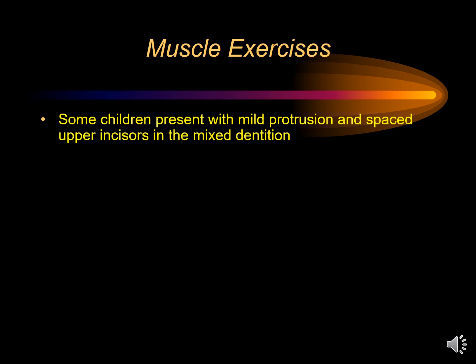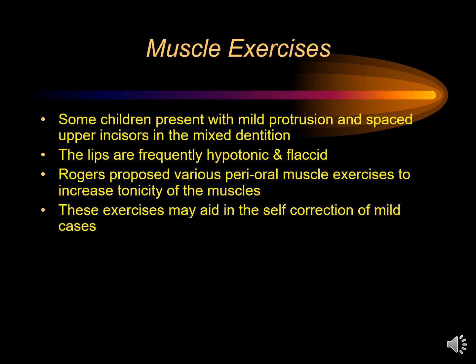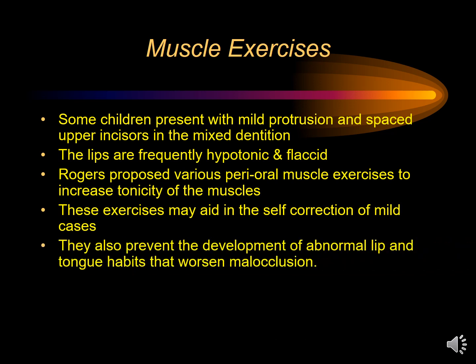Some children present with mild protrusion and spaced upper incisors in the mixed dentition, and the lips are frequently hypotonic and flaccid. Rogers proposed various perioral muscle exercises to increase tonicity of the muscles, and these exercises may aid in the self-correction of mild cases.